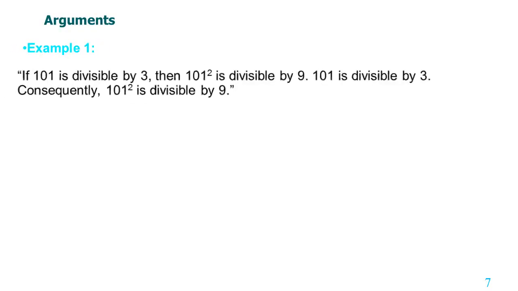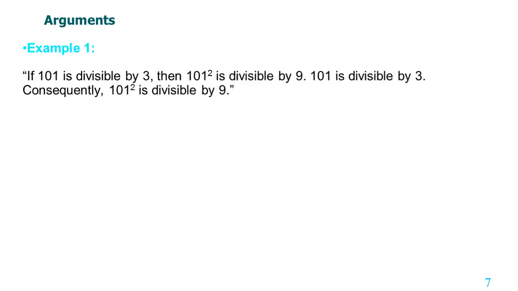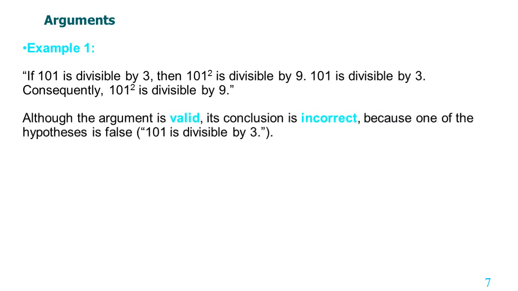Example 1. Another example of validity of an argument, to find how we can determine validity. If 101 is divisible by 3, then 101 squared is divisible by 9. 101 is divisible by 3, consequently 101 squared is divisible by 9.